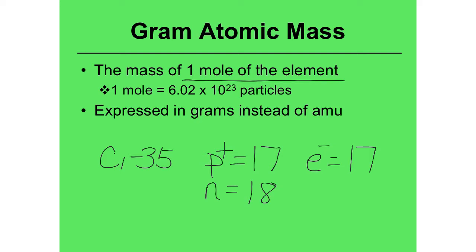And you'll remember that 1 mole is equal to 6.02 times 10 to the 23rd particles. So you have a whole bunch of chlorine atoms, and that's what we get as the average mass. So the mass that's on your periodic table is an average of all of the different forms of chlorine that show up. And if you have a mole, then that's 6.02 times 10 to the 23rd, and then it would be measured in grams instead of AMU.